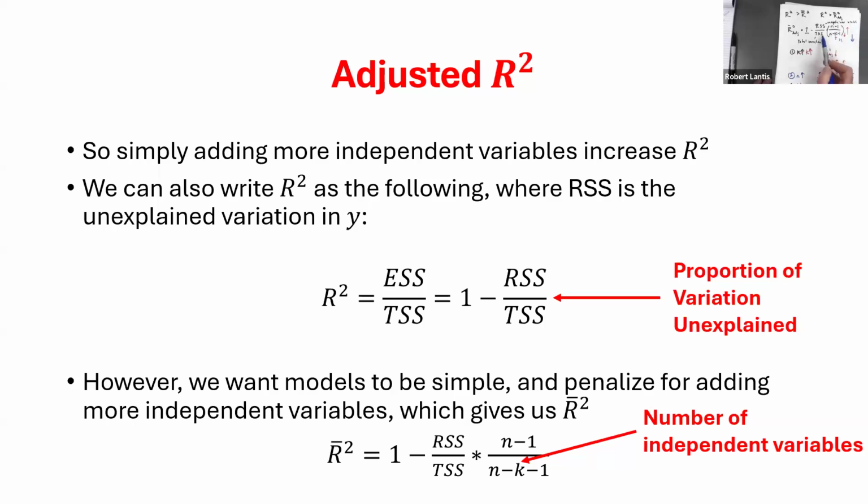If I'm subtracting a smaller value, what's happening to my adjusted R squared? 1 minus a smaller value: if I subtract a smaller value from something, it will be larger, right? So as I take higher sample sizes, what's happening to the gap between my R squared and adjusted R squared?